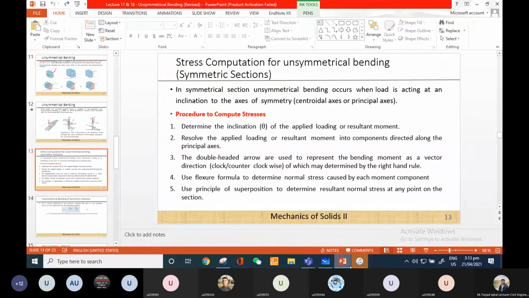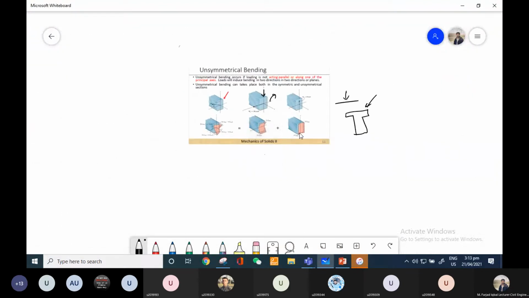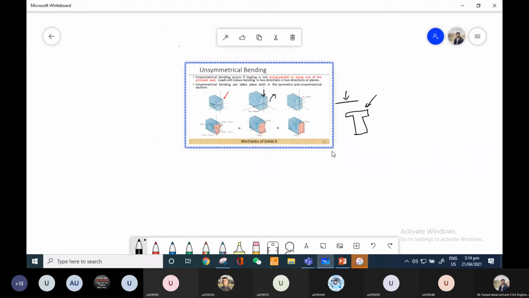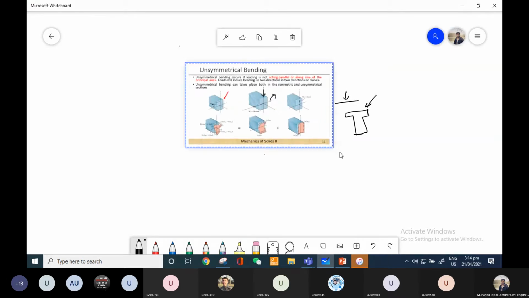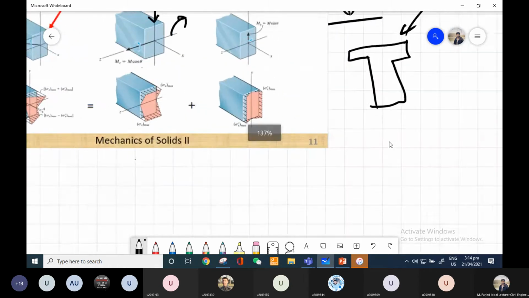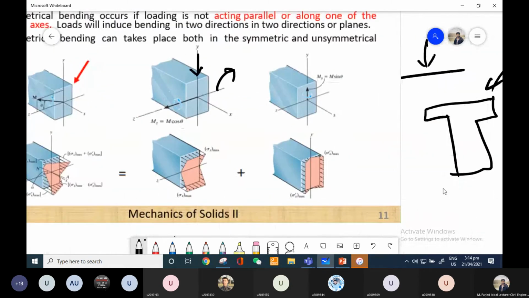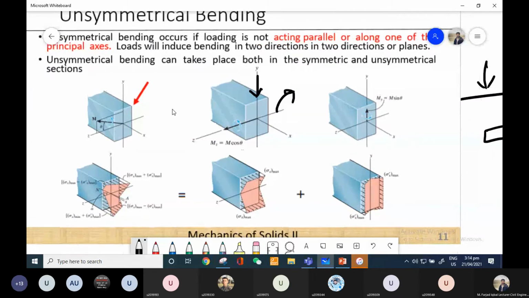Now, how can we do that? Let's suppose this is my beam, or this is the cross section, and the load is acting in this direction.